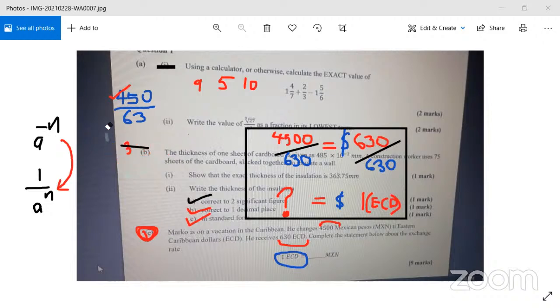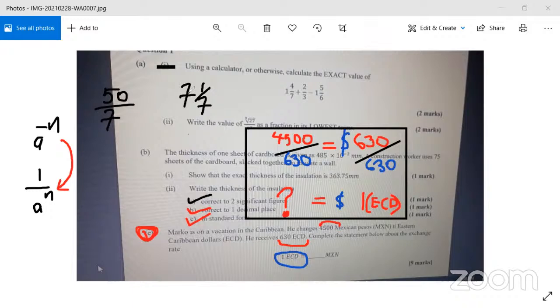But if you have 50 divided by 7, that's not too bad, because 7 times 7 is 49. So what you really have is 7 and 1 over 7. We don't even have to spend a great deal of time on it. Even if you wanted to convert 1 over 7 to a decimal, let's say you wanted to do that.